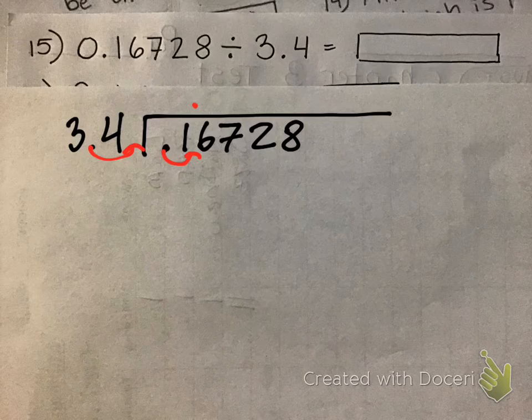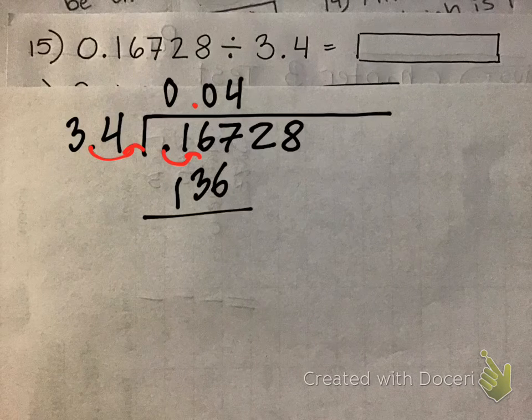Now, 34 goes into 1 0 times. Goes into 16 0 times. Goes into 167 4 times. 4 times 34 is 136. We subtract that, we get 31. We get 312.